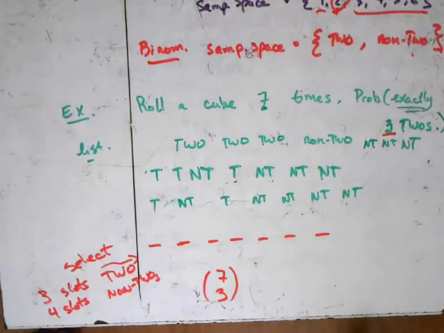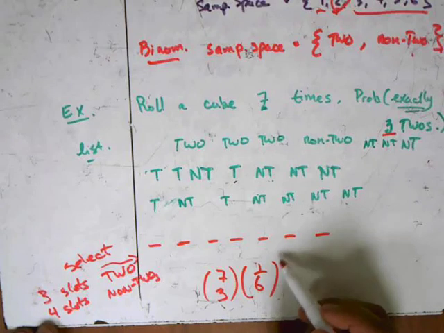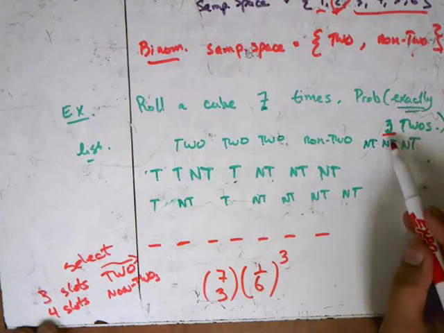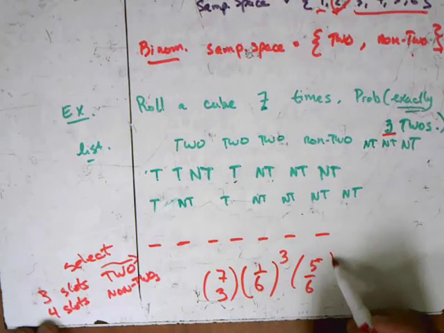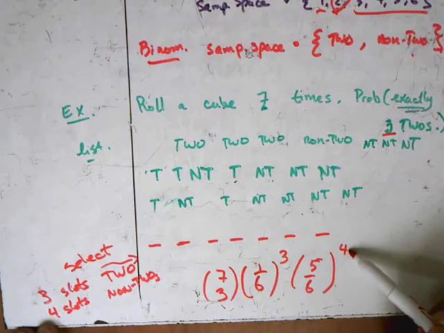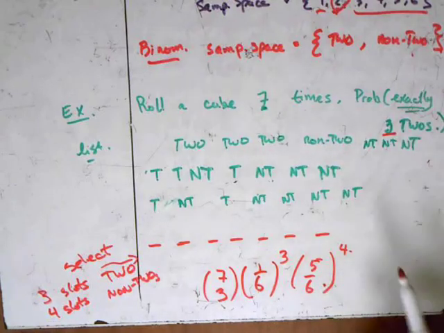And my probability here is going to be 1/6 squared. No, I'm sorry, 1/6 to the third, because I want 3 2s, and then 5/6 to the 4th because I want 4 non-2s, and the probability of getting a non-2 is 5/6. So let's think about that again.